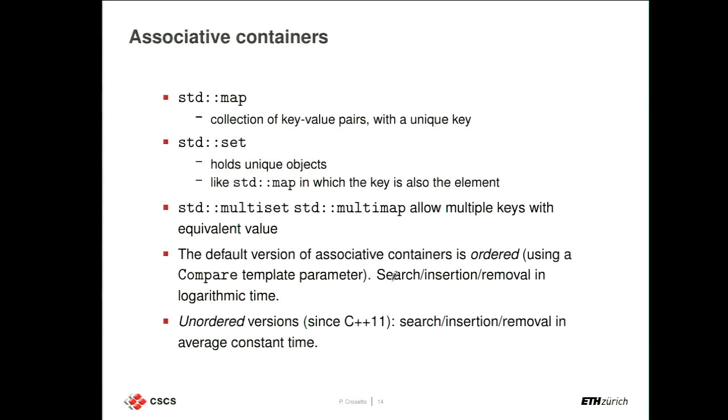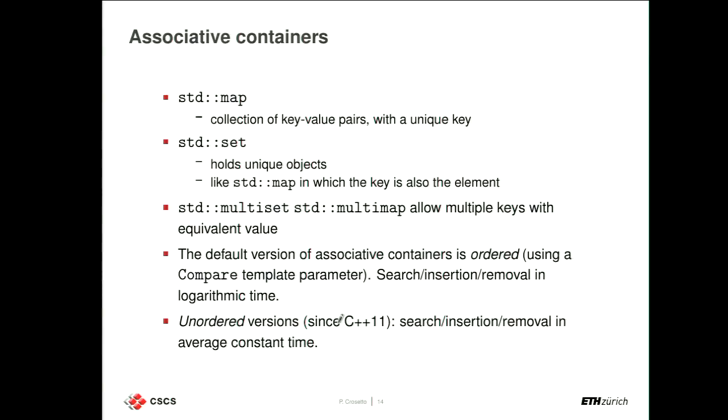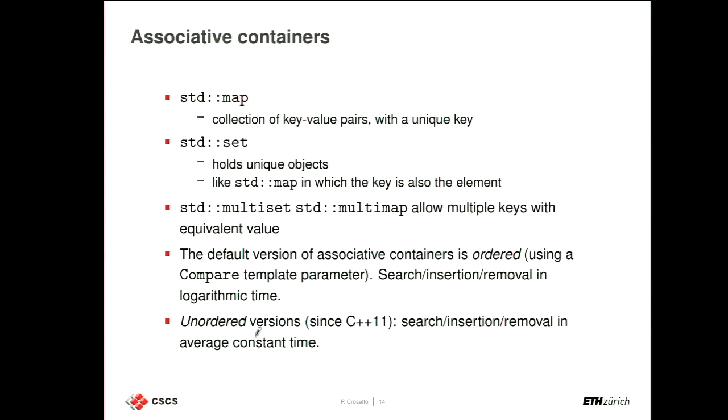These are normally implemented with binary tree algorithms. And there's an unordered version in C++11, which is implemented with another algorithm, and the search, insertion and removal are in average constant time. So if you have a small container, probably the first one is faster. If the container is large, it might be more advantageous to use the second one.